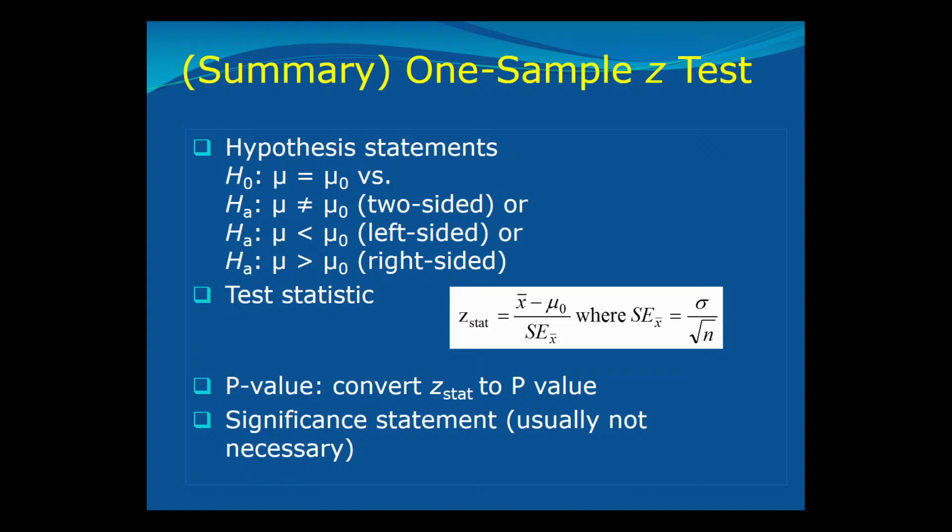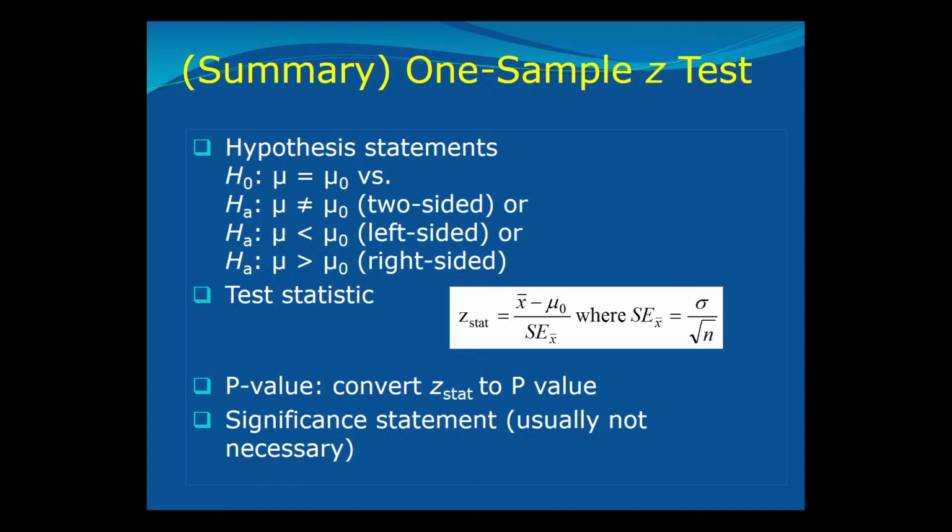And there are three possible alternative hypotheses. If we state that there is a difference, and we aren't interested in the direction, we should use a two-sided or two-tailed test. In this case, we should type the alternative hypothesis as: the mean from one population doesn't equal the mean from another population.